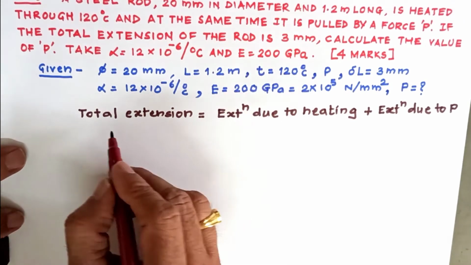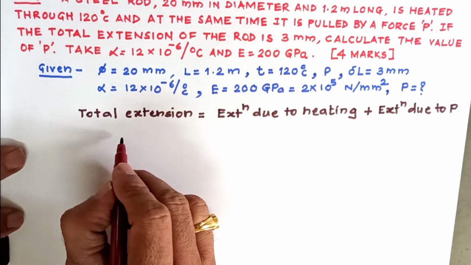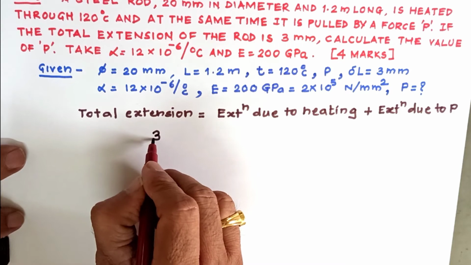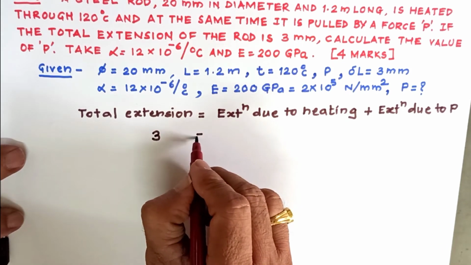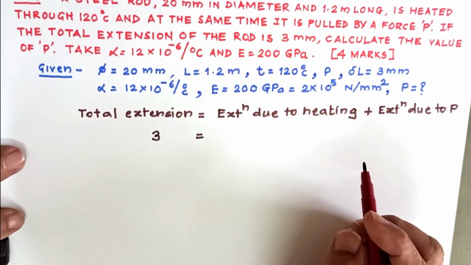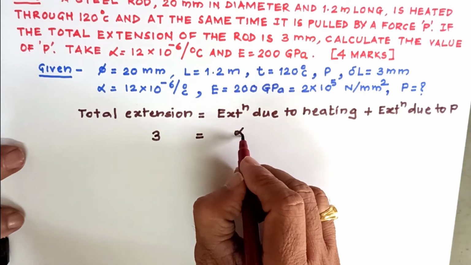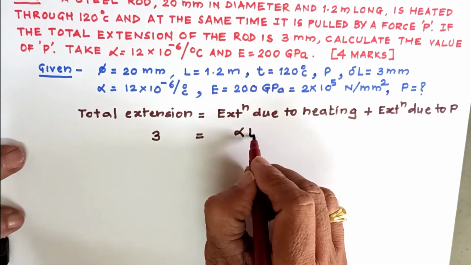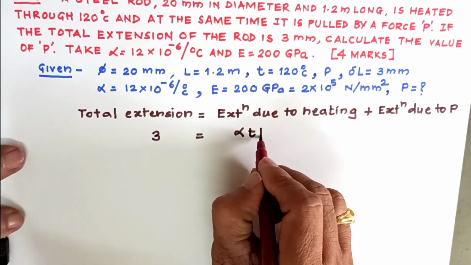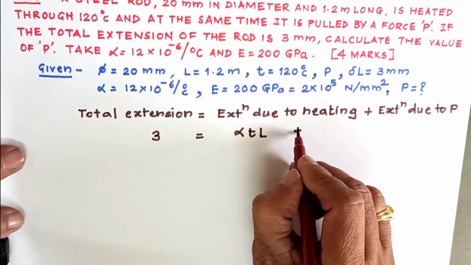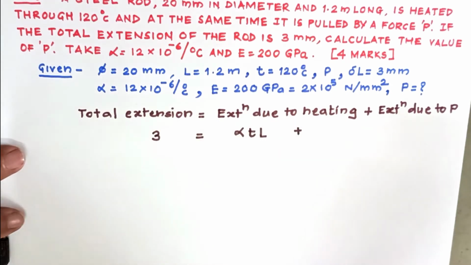So let us substitute the values. The total extension is given as 3 mm is equal to, what is the extension due to heating? It is alpha into T into L. And what is the extension due to P? We saw it in stress strain.